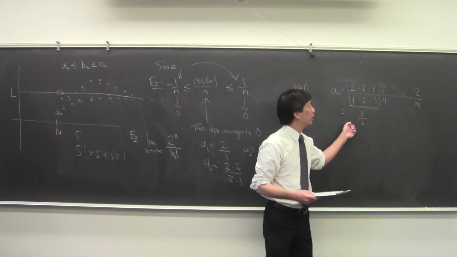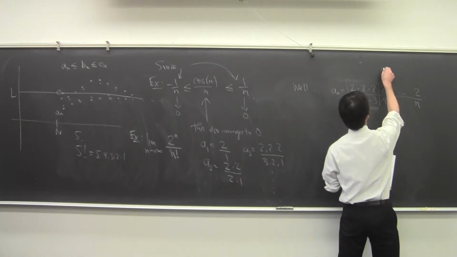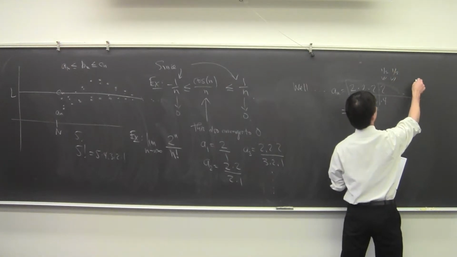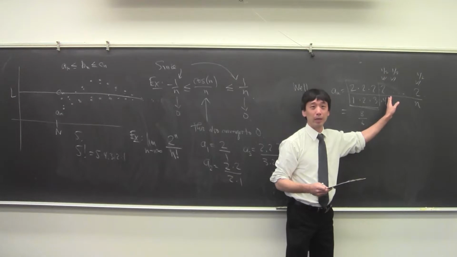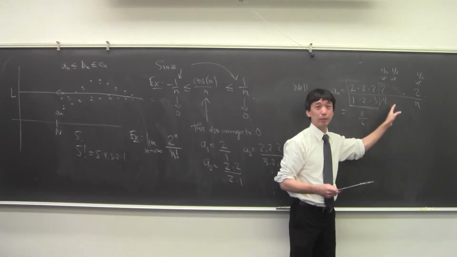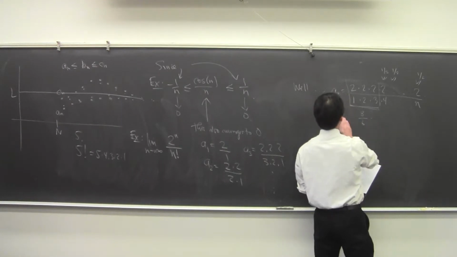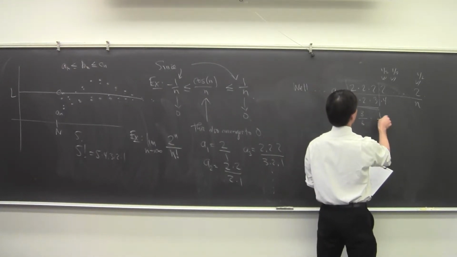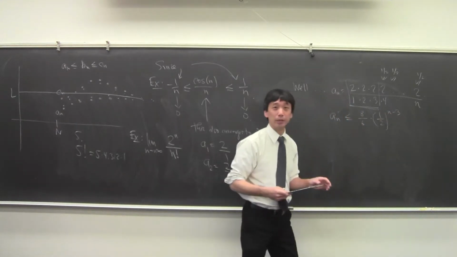And then after that, all these guys are less than or equal to half. The next guy is going to be less than or equal to half. Everything we multiply afterwards is less than or equal to half. So this thing, a sub n, is going to be less than or equal to 1/2 to the n minus 3 times this 8 over 6.